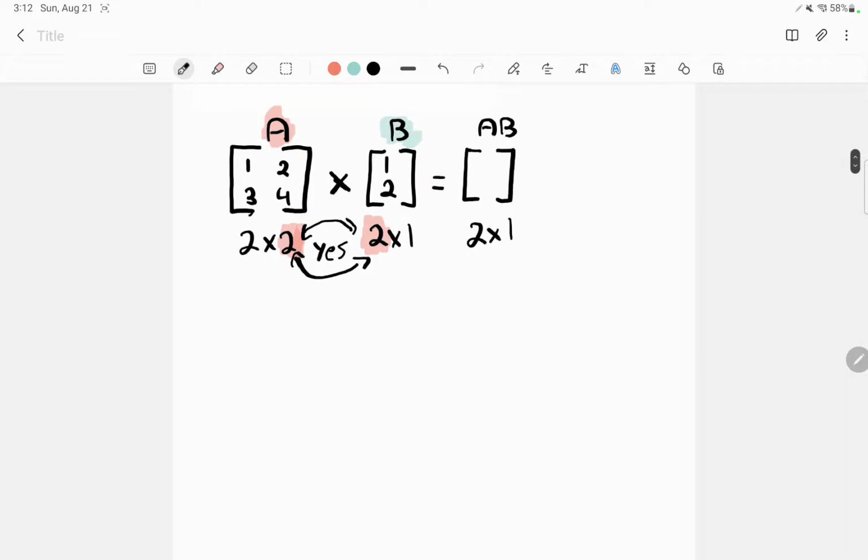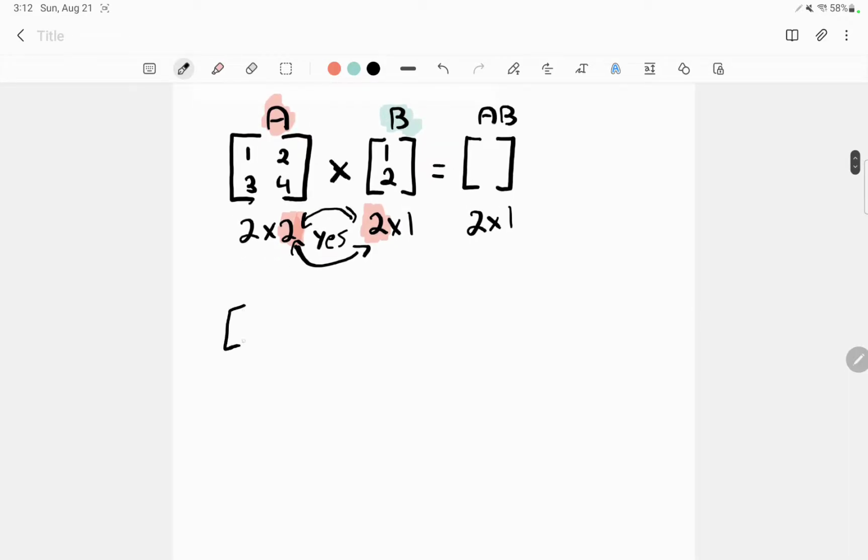You see my matrices? I'm going to write the other matrix the other way around. Let's see if we can multiply B times A. So this is B. I'm going to multiply by A, which is 2, 3, and 4. And this is going to be A. And then we're supposed to be getting BA, right?